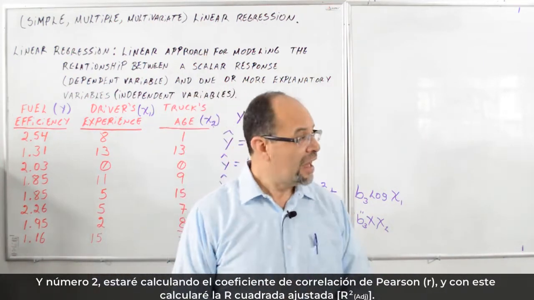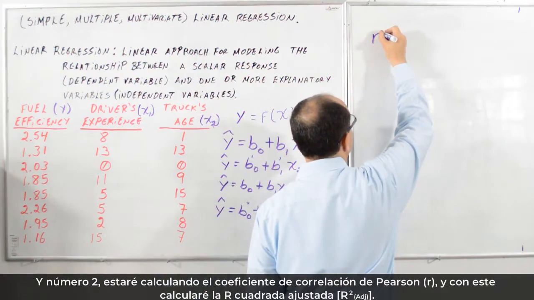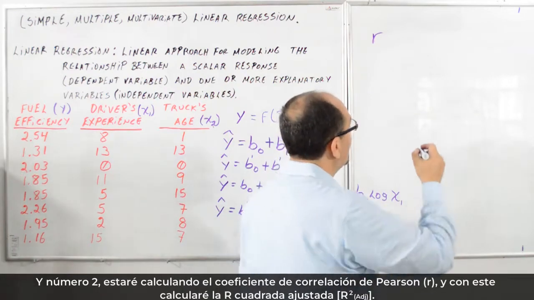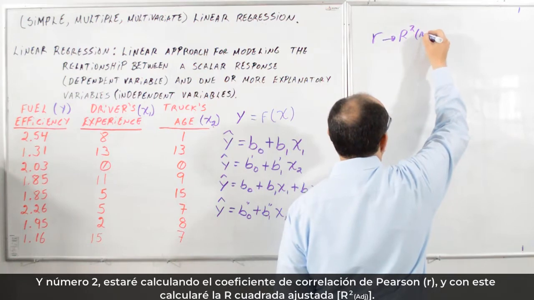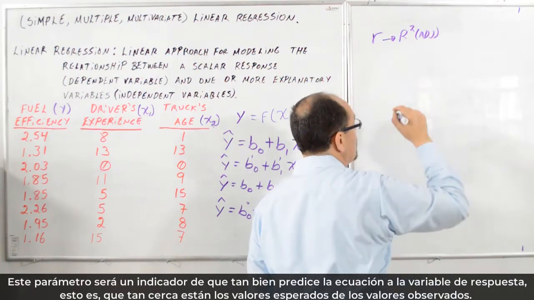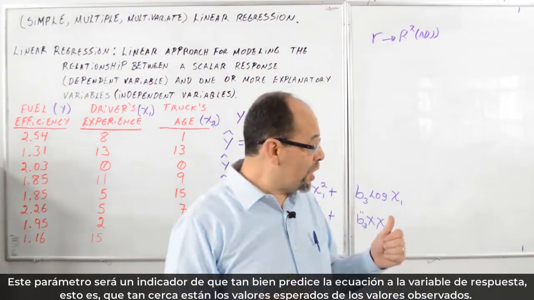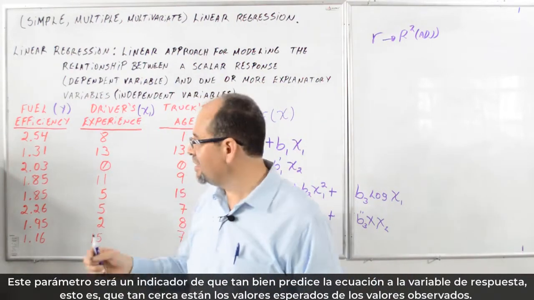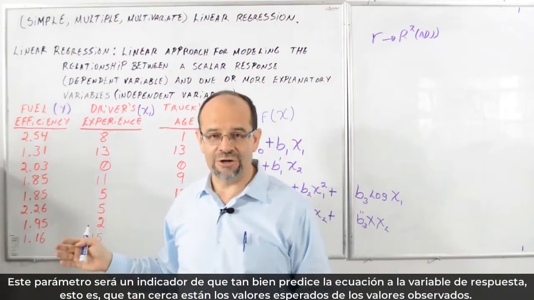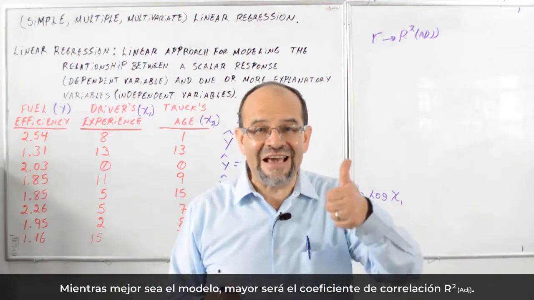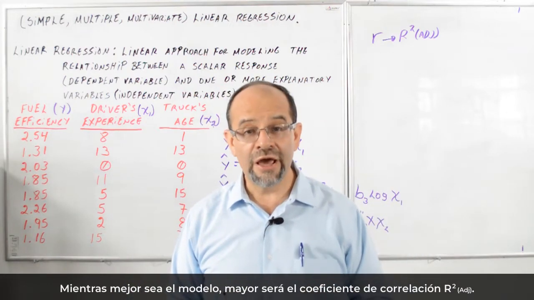And number two, I will be calculating the coefficient of correlation of Pearson, R, and from there I will be obtaining the R² adjusted. This parameter will be an indicator of how good the equation is predicting the expected values, how close they are to the observed values. The better the model, the higher the R² adjusted, the higher the coefficient of correlation will be.